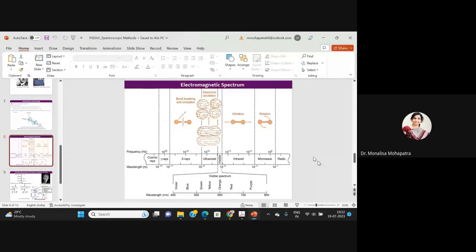At least somewhere they will recall, okay, during that course I had heard about this terminology, I can use it, and wherever the application is there, you can have an idea about that. We have to take care of all the students, including UG pass out students. They don't know anything about spectroscopy from UG, so it is completely new to them. So this is the basic fundamental part we are studying, but inside that, many things are there.